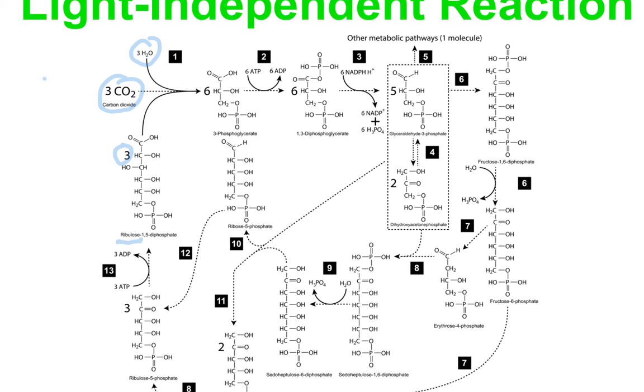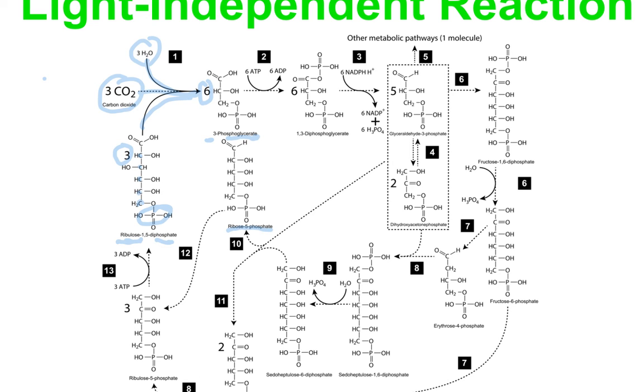Ribose are the 5-carbon sugars, 1, 2, 3, 4, 5, and a phosphate group, hence ribose diphosphate, okay? And so we take our 5-carbon sugar, 3 carbon dioxide, and our 3 water molecules, and we create 6 of these 3-phosphoglycerate molecules.